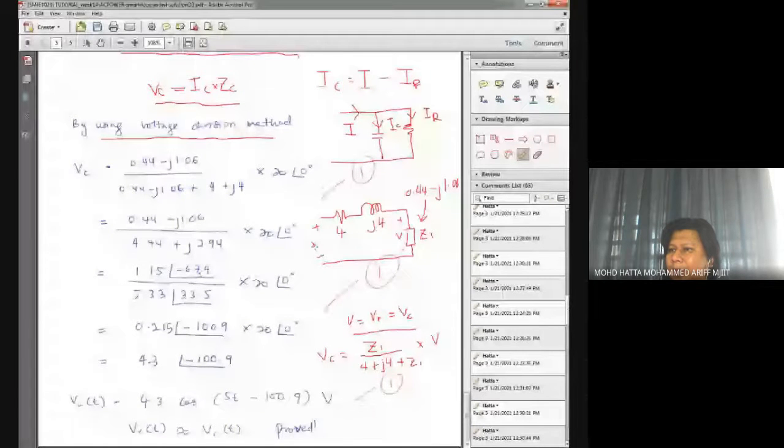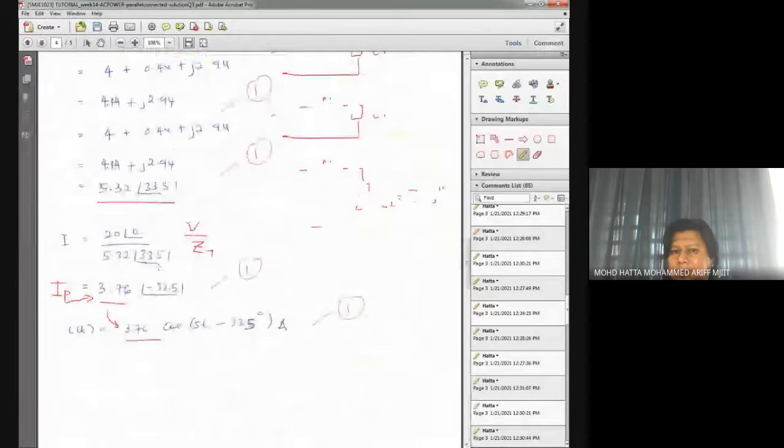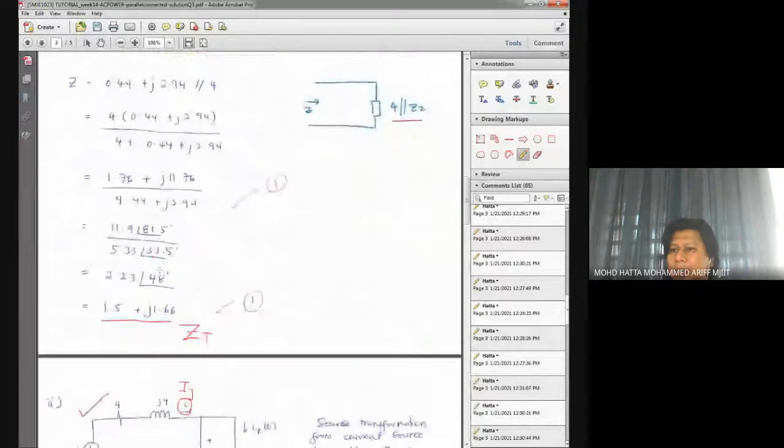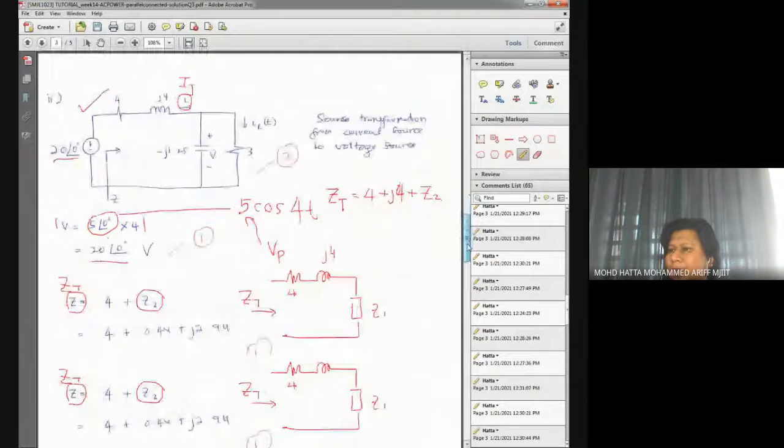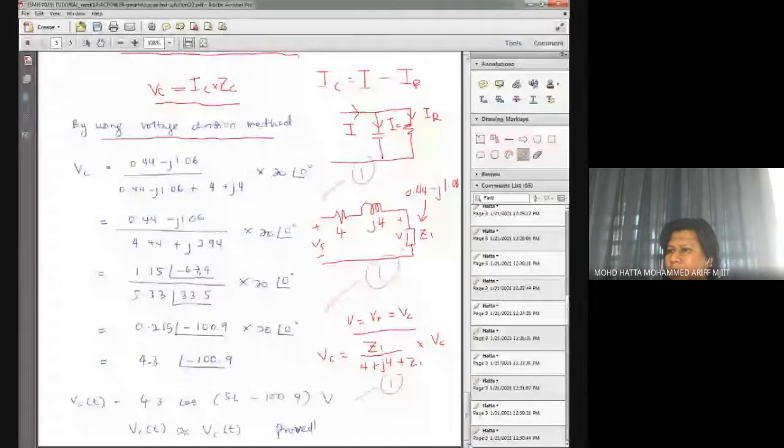V, maybe I label it as VS. The VS is basically the voltage over here, which is 20 with the angle of 0 degrees. Maybe I'll write down here. This is the value of VS over here. 20 with the angle of 0 degrees.